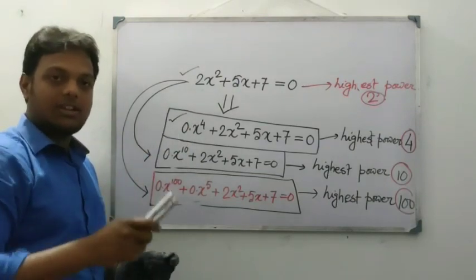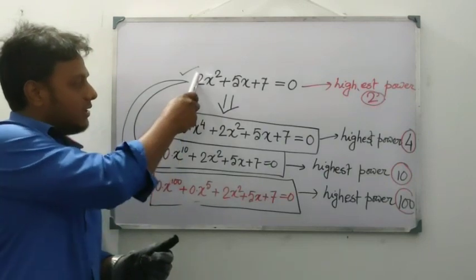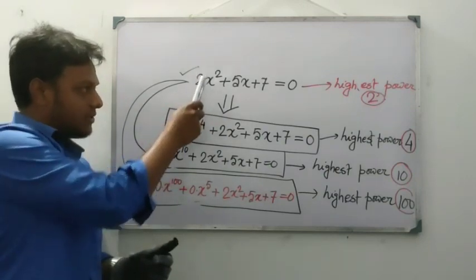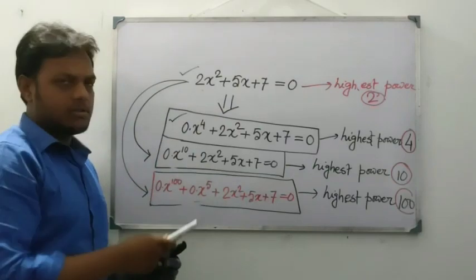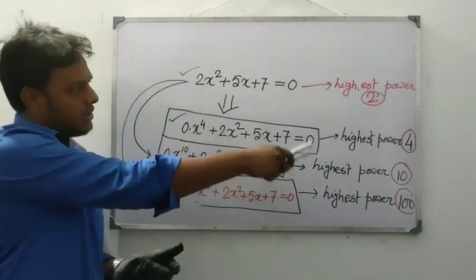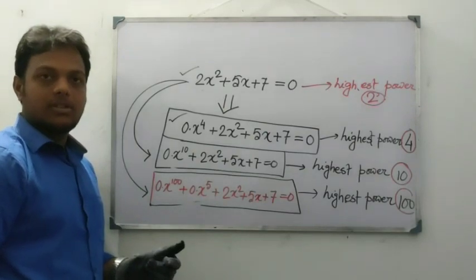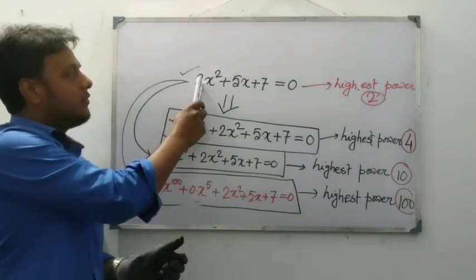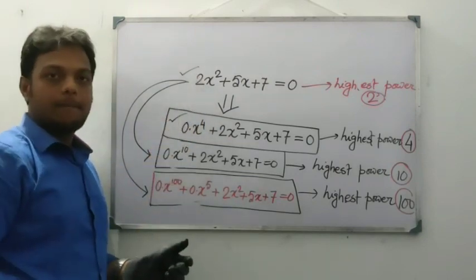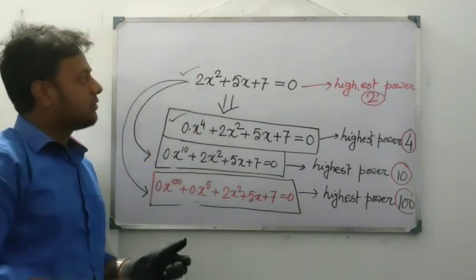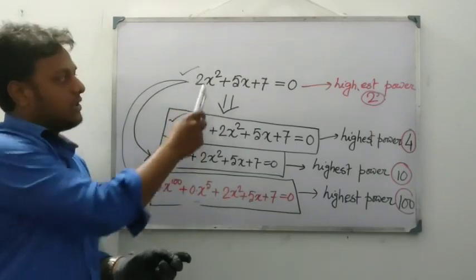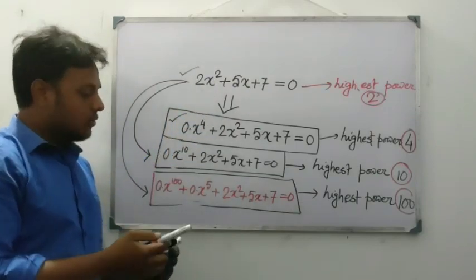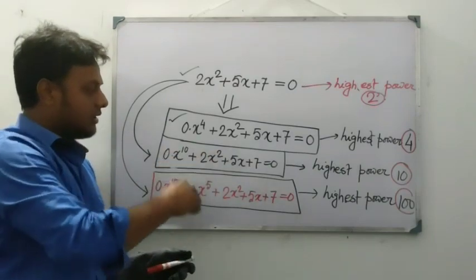Just for that mistake, you are unable to find out the degree of this equation. You will be confused: sir, which one will we consider as degree? So the actual correct answer is this. Here the highest power is 2 and the coefficient is 2 also. So the coefficient is non-zero. So this is a 2-degree equation.